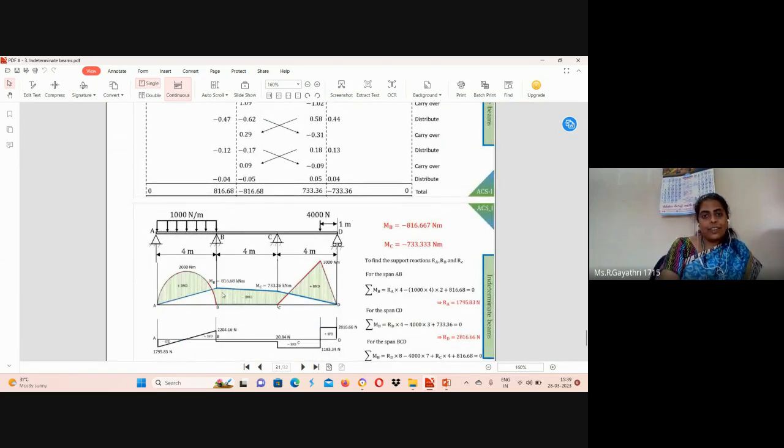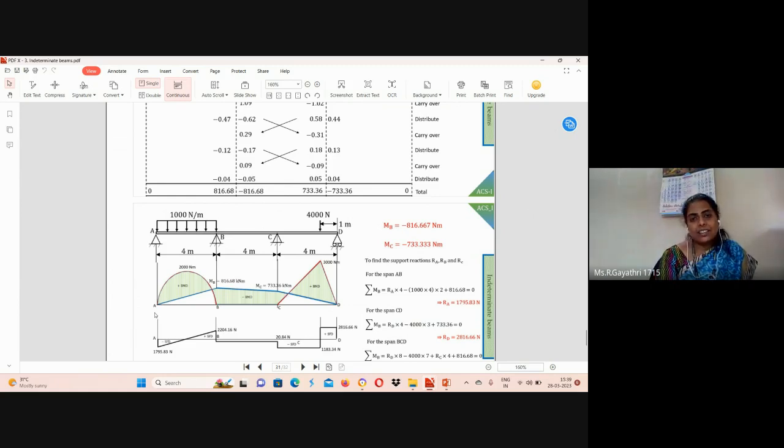Okay, now your bending moment diagram will be like this. 0 to 816.17 Newton meter. This is not kilonewton meter, Newton meter. And we can see minus 735.33.